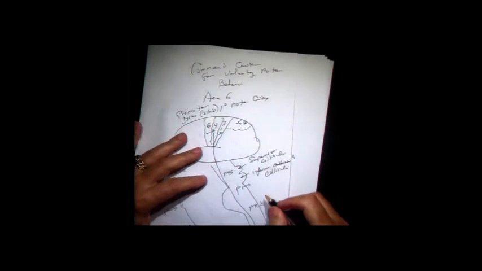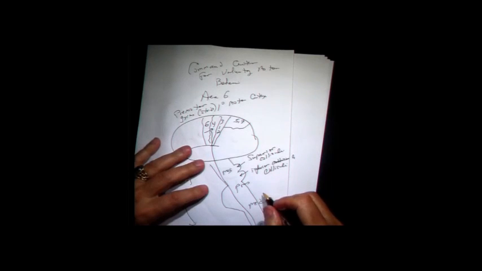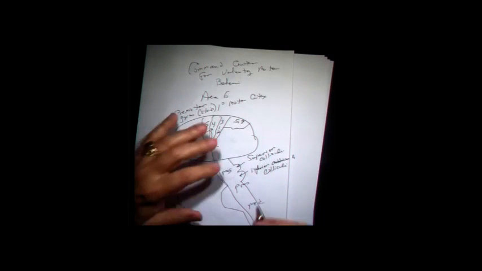Now, what do they do? Okay, the colliculi are important for sort of reflex orientation. Let me describe.